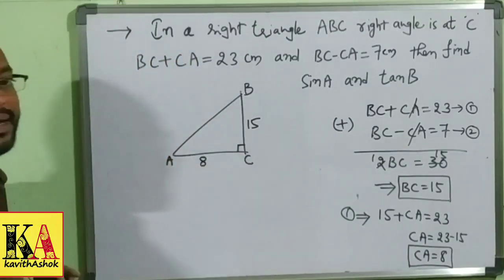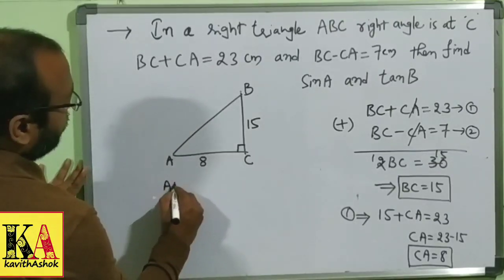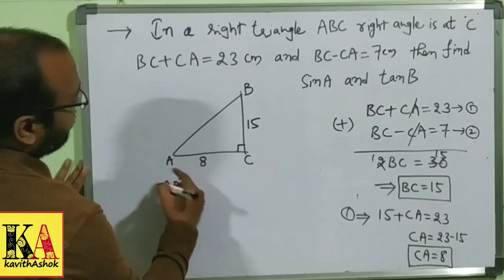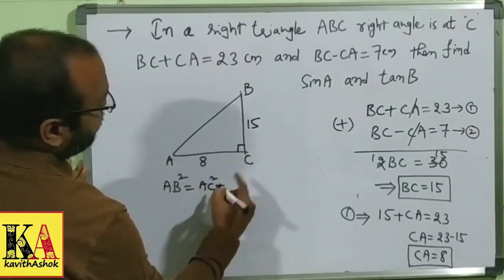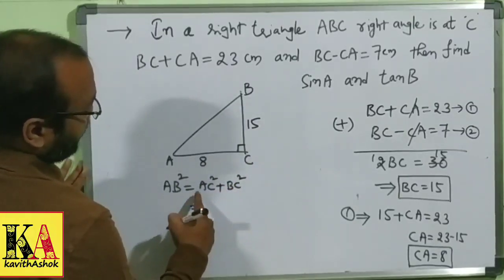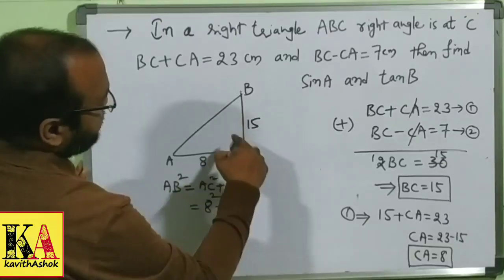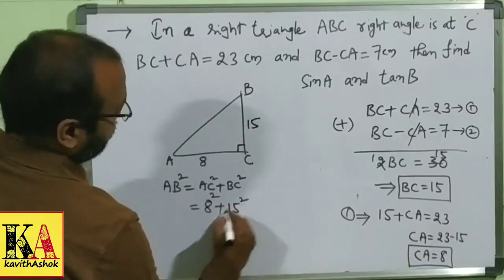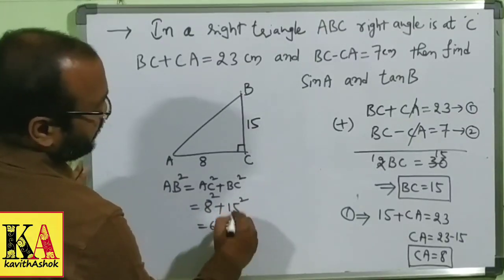First we will calculate AB. By Pythagoras theorem, we already know AB square is equal to AC square plus BC square. AC is 8, 8 square. BC is 15, 15 square. 8 square is 64, 15 square is 225.